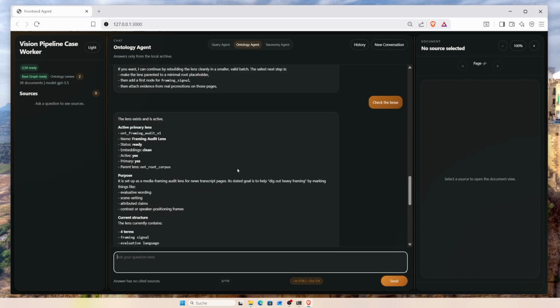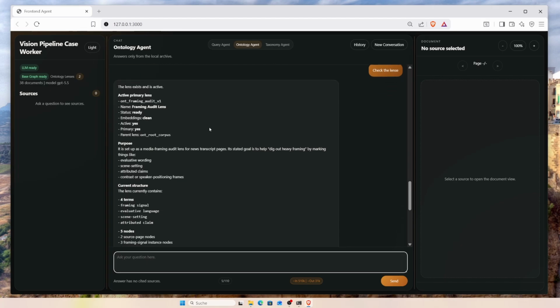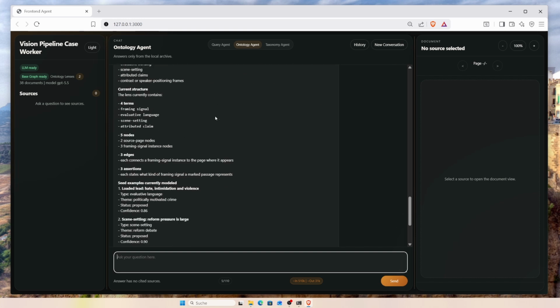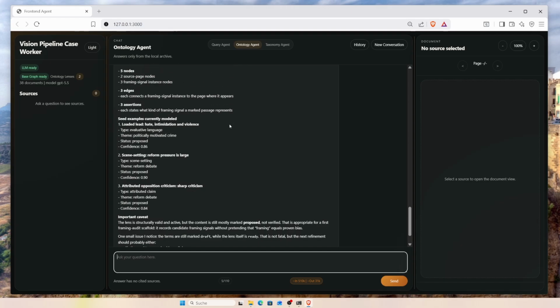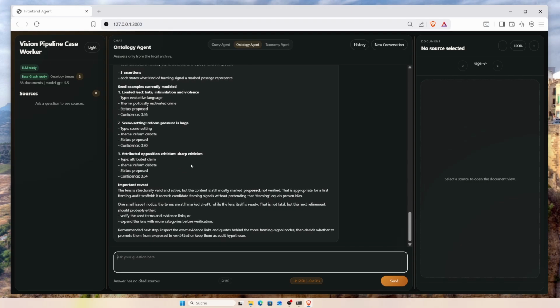Well, okay, I had to refresh the page because the agent just took too long to think, but it turned out he succeeded in writing, and he created a framing lens and just dug out 3 framing claims, and now he recommends to go deeper, verify those claims, and connect it to evidence.